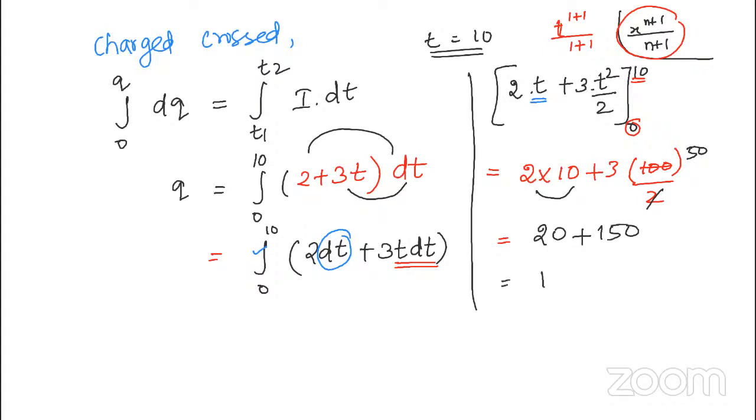So it is 170 coulomb. So the q value is 170 coulomb. That is the answer.